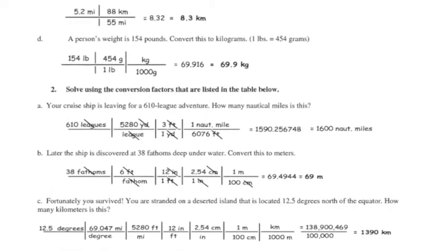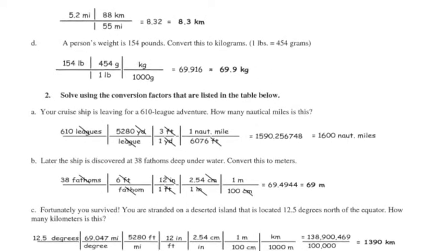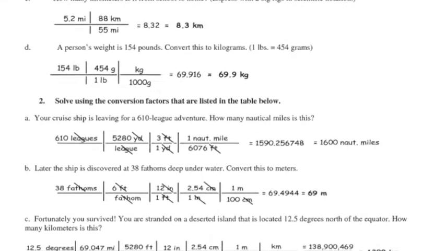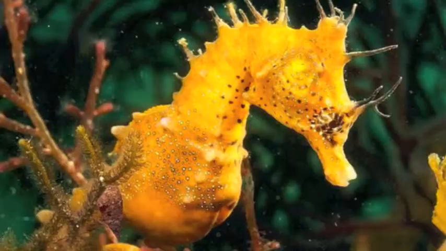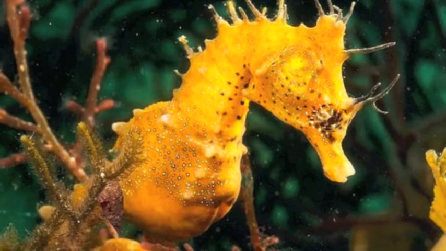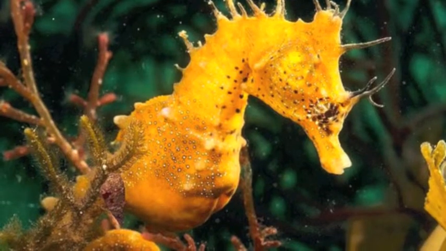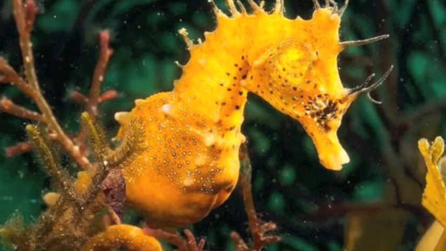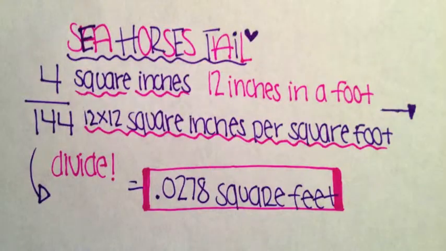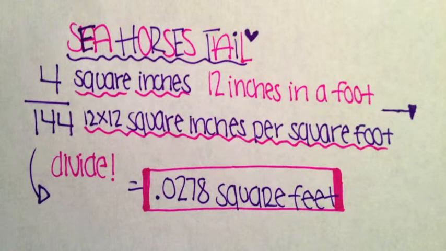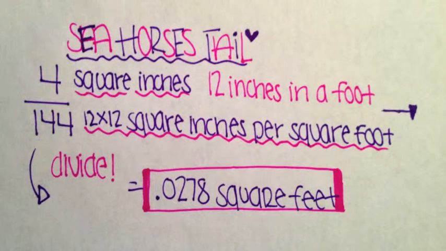Another concept marine biologists use is dimensional analysis, otherwise known as converting units. For example, if a scientist measured the area of a seahorse's tail in square inches but they wanted to know the size in square feet, he or she would need to do a unit conversion problem. Let's say, just for an example, the scientist measured the seahorse's tail to be 4 square inches.